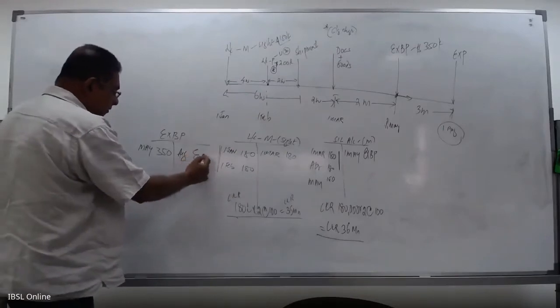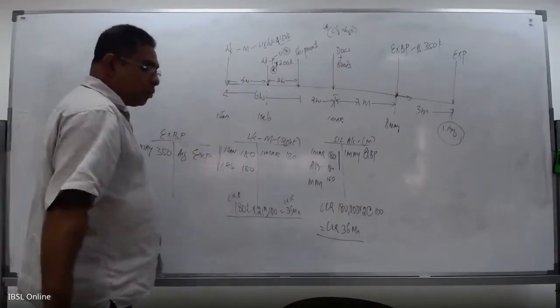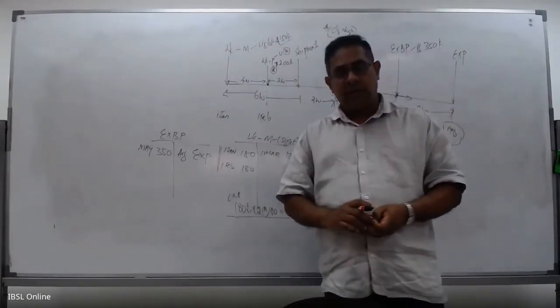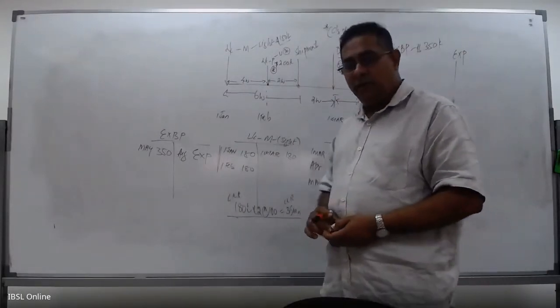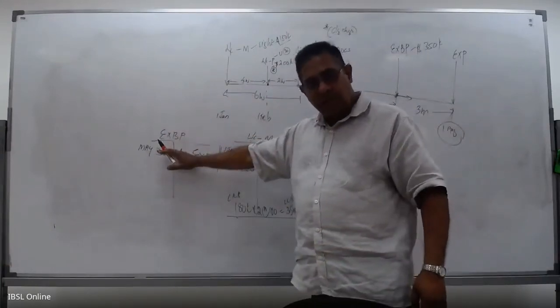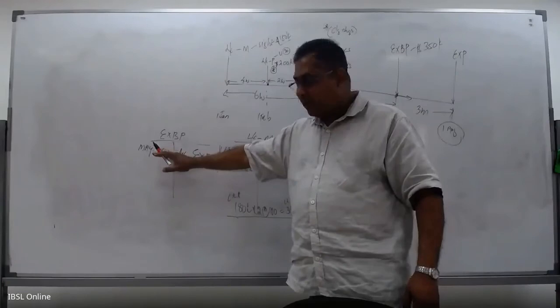In August, export bills are getting realized. So what will the bank do? The bank will clear the export bill account, purchase outstanding, because it's a debtor, it's an asset to the bank.